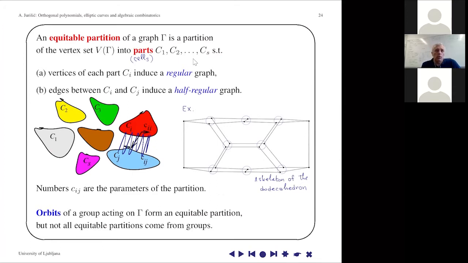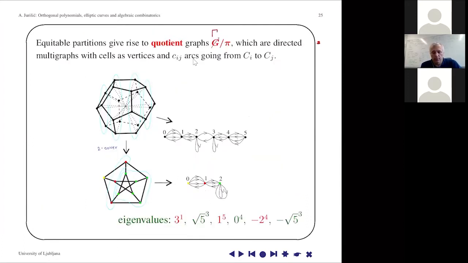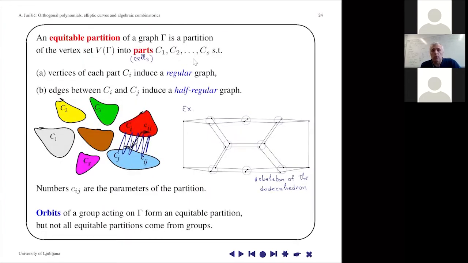And of course also vice versa, every blue vertex has the same number of red neighbors, and these are constants, structural constants of this equitable partition. And yes, Dean already mentioned that such partitions come from orbits, but not necessarily. Like this example where I took the skeleton of the dodecahedron and took the distance partition corresponding to an edge, and I found again some equitable partition.